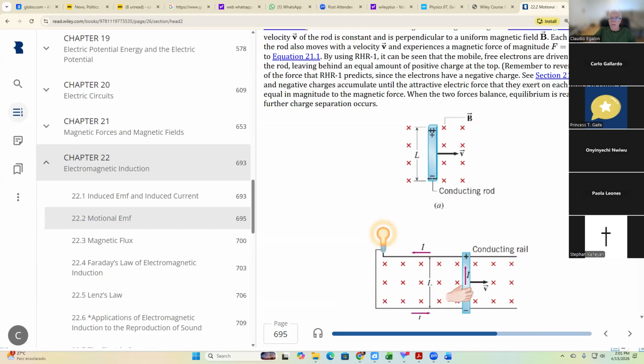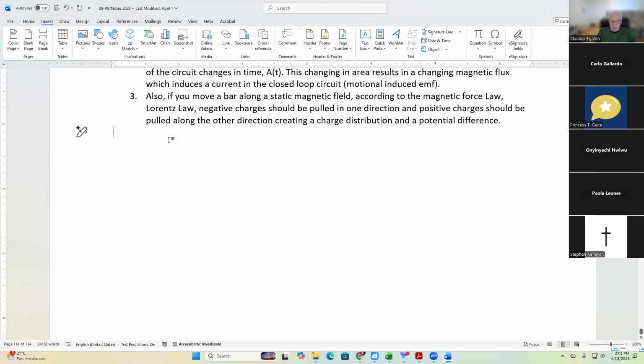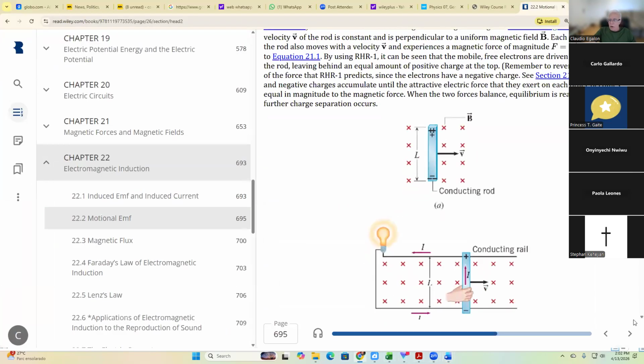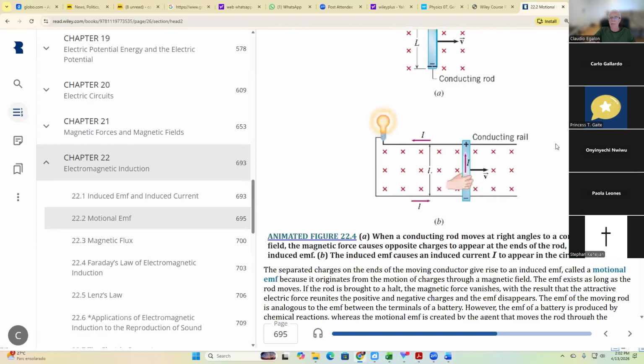Now, another way: if you place the bar in contact with a conducting rail, that's the best way to describe it.